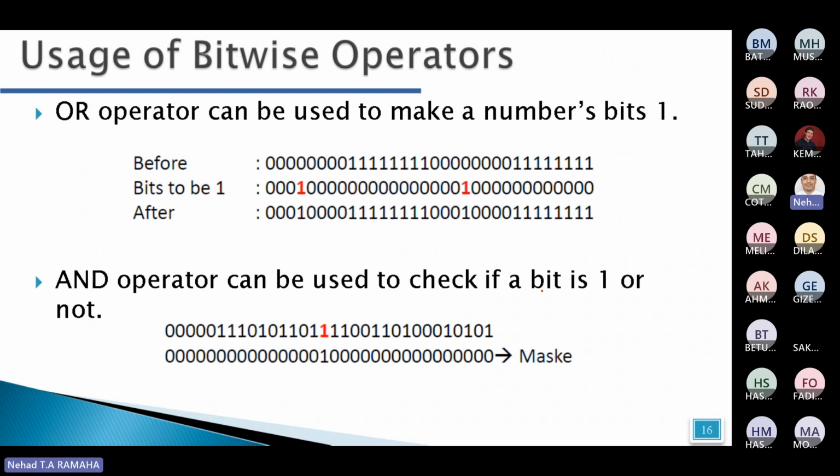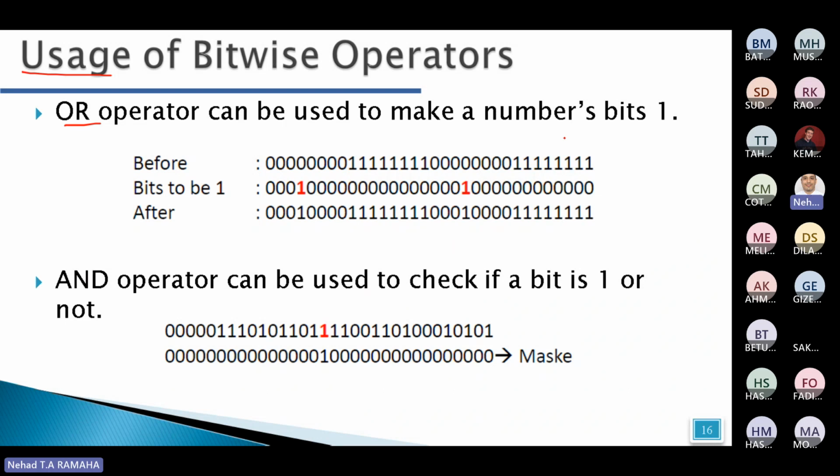Okay, let's speak about the usage. How to use these bitwise operators and why we use them. For example, we use the OR operator to make a number's bit 1. You need a specific bit to be converted into 1.